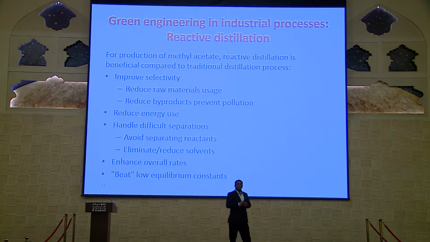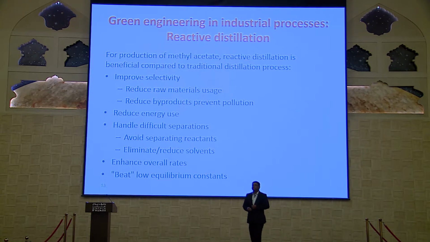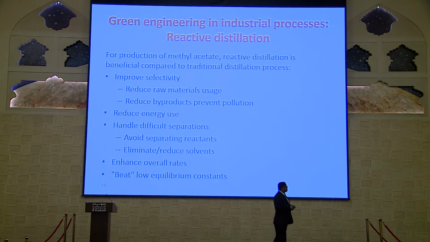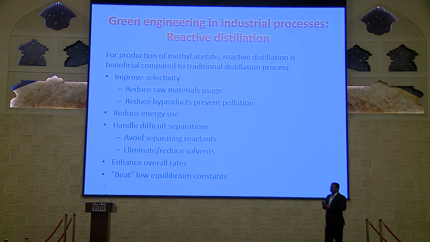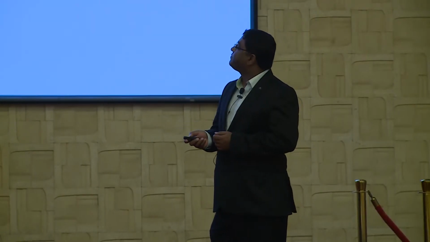Instead, if we employ reactive distillation, it has benefits such as improved selectivity, reduced raw material use, reduced byproducts, pollution prevention, reduced energy use, handling difficult separations, avoiding separating reactants, eliminating or reducing solvents, enhancing the overall rate, and beating the low equilibrium constraint.